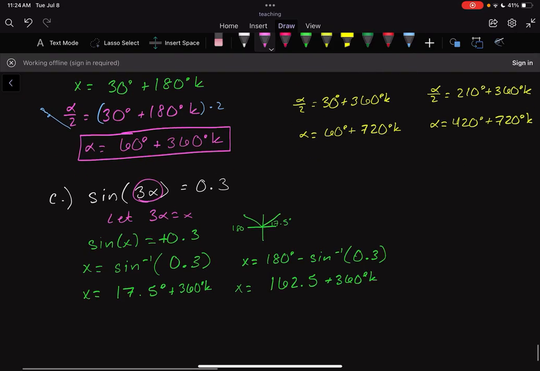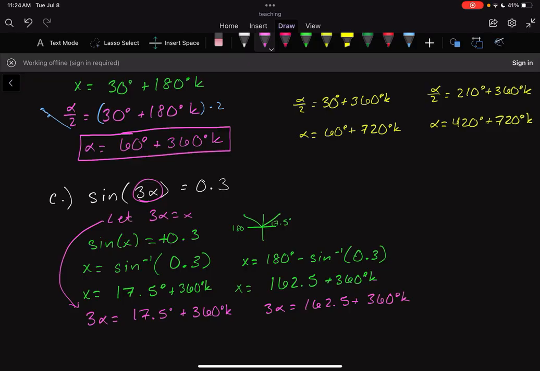We also need to replace back in my 3 alpha. For this one, I'm going to divide by 3.